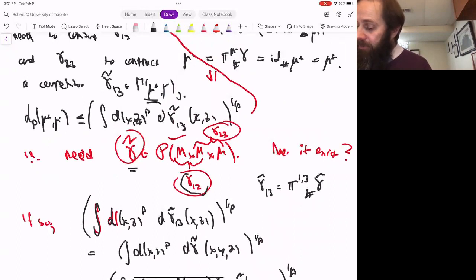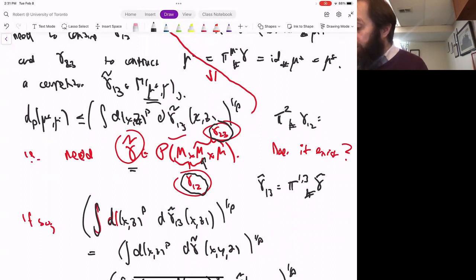a marginal on the first two factors and a marginal on the last two factors, with the compatibility condition that when I project them onto the middle factor, the projection of gamma_{1,2} agrees with the projection of gamma_{2,3}, which we call omega.